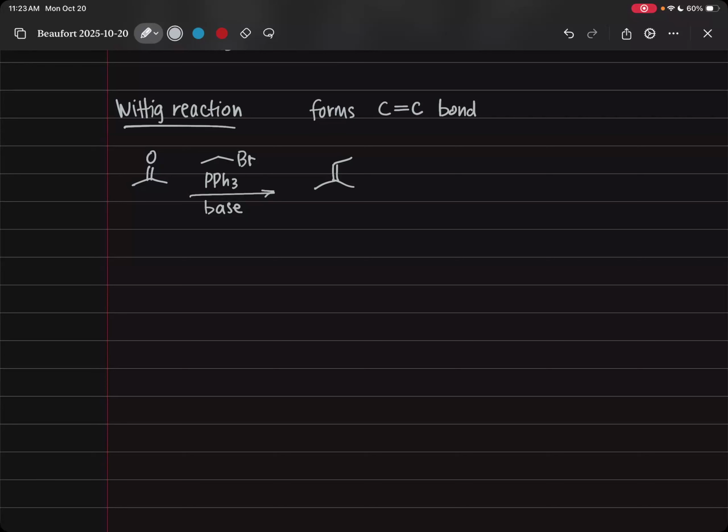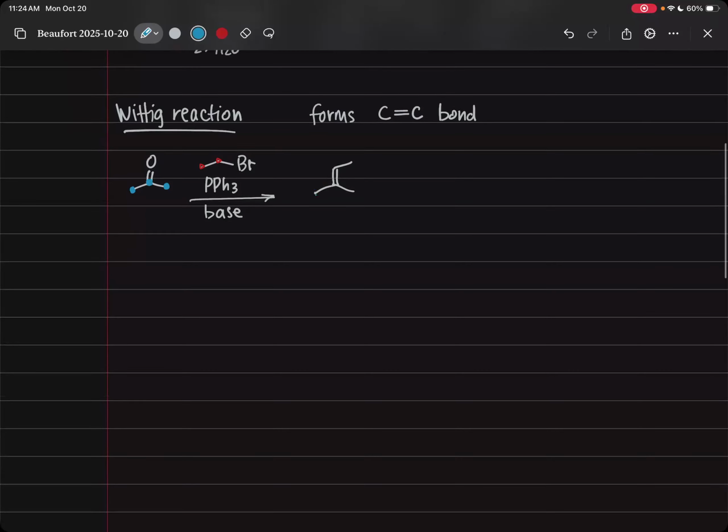So let's look at the arrangement of carbon atoms. So in the starting material, there's our 3 carbons. And in the reagent that we're treating it with, there's our 2 carbon atoms there.